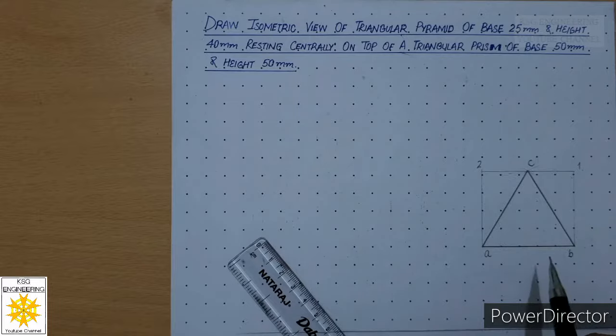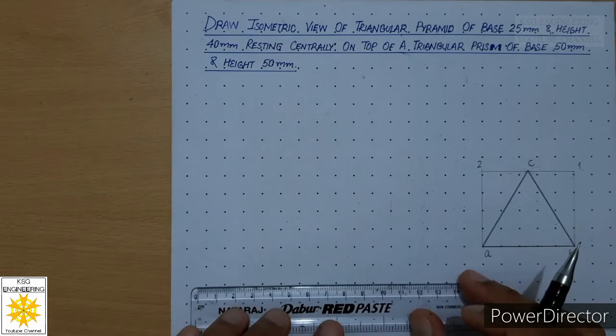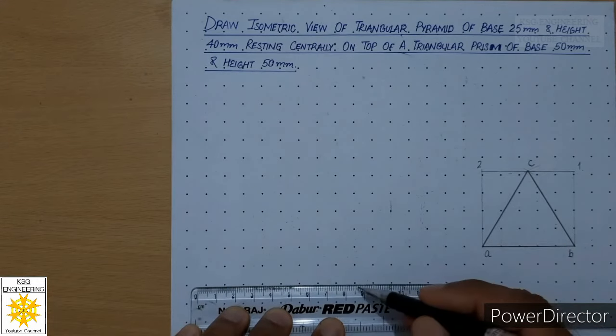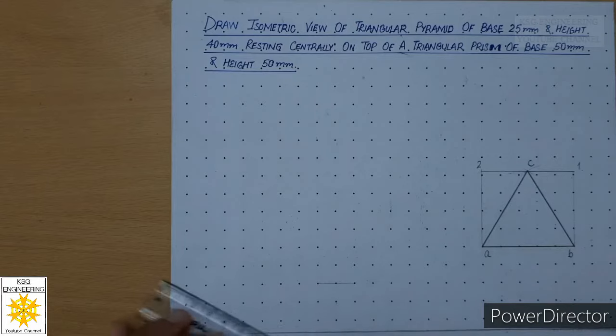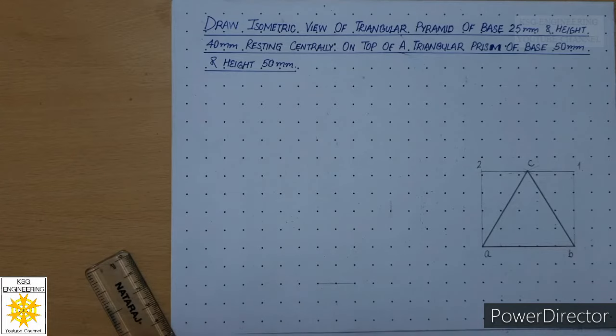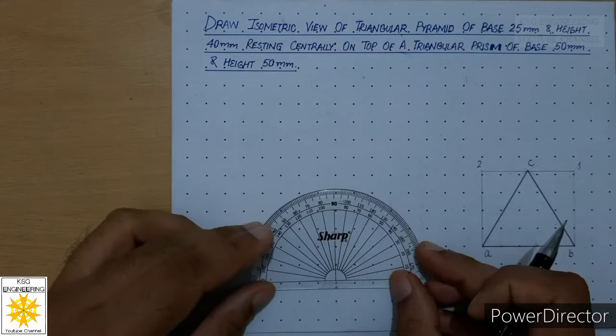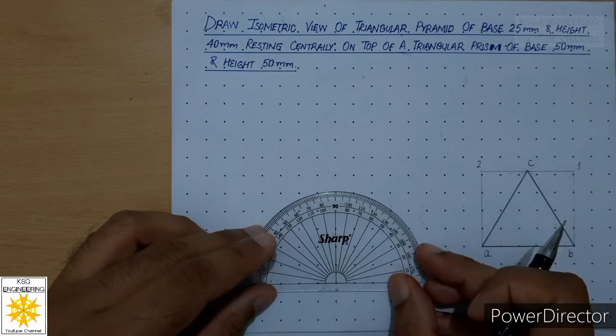Now first of all we will draw isometric of this box. So for that, what we will do, we will line our scale with this row, draw a continuous thin line of around 20 millimeters. Now consider this point, place your protractor on this point and draw 2 isometric axes.